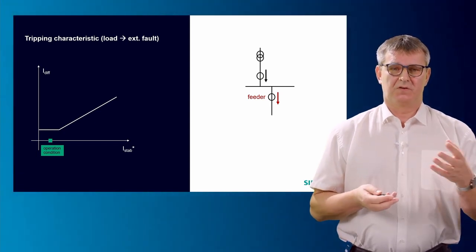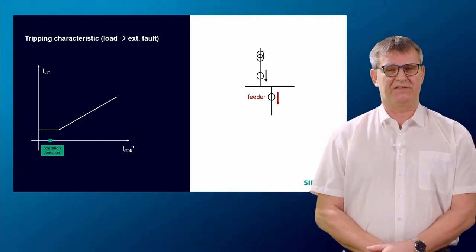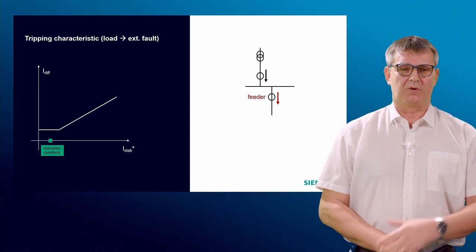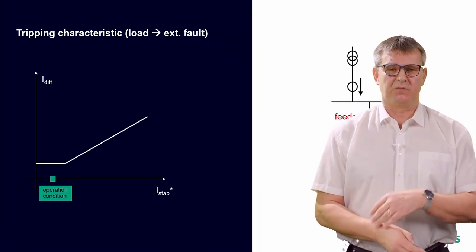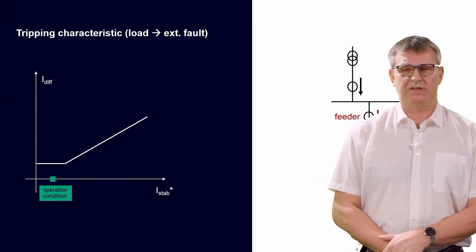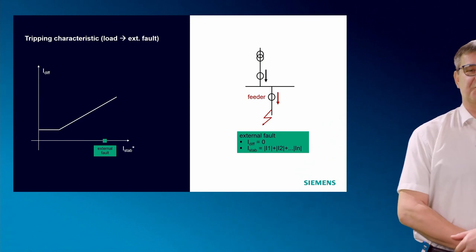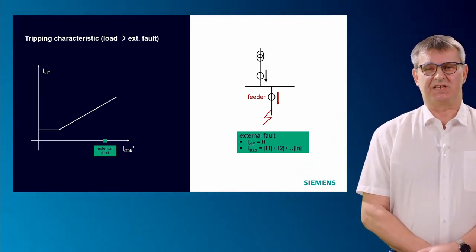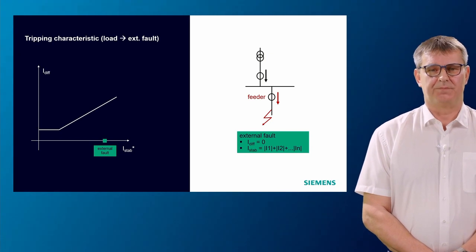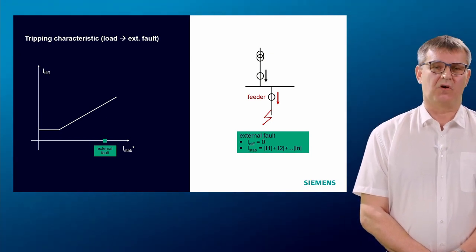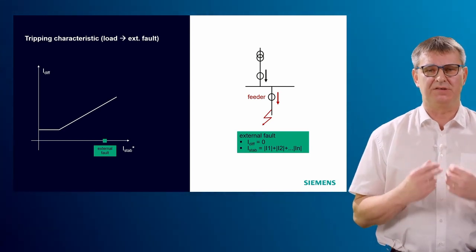Okay, we have the characteristics here on the left side. We have an operation point, which means in the ideal system we have 0 differential current. And then an external fault will happen. What happens in case of an external fault within an ideal system?